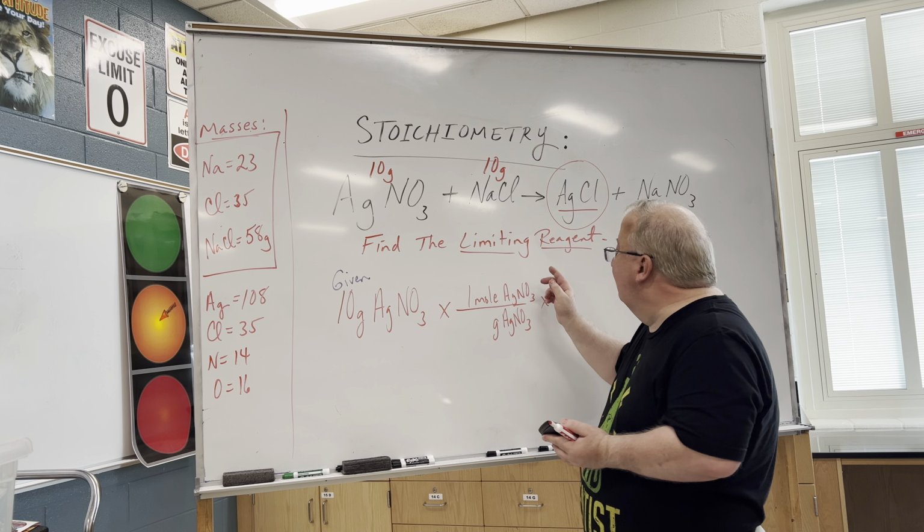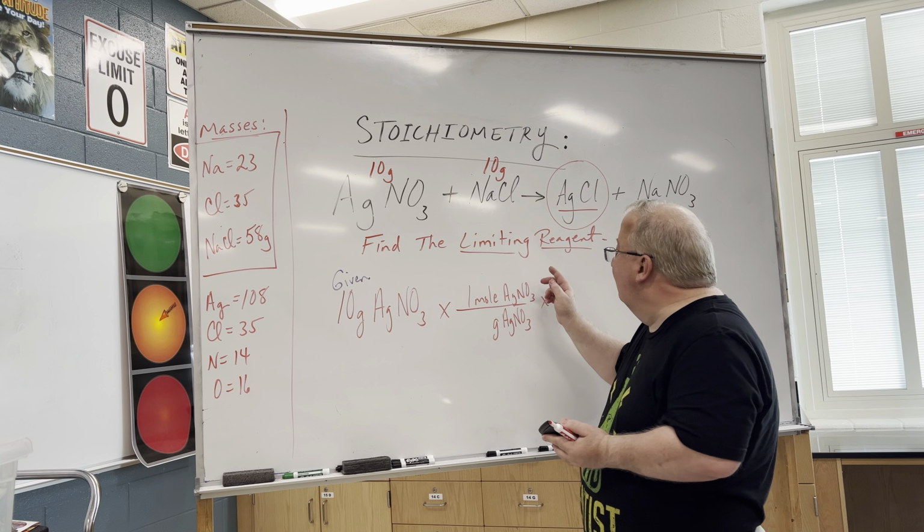It's 170. So this step we converted to moles. That's the second step for a limiting reagent problem: we convert whatever we start with in grams to moles.